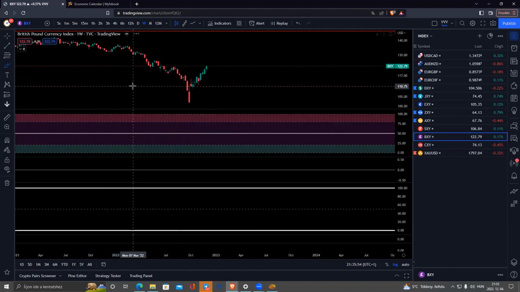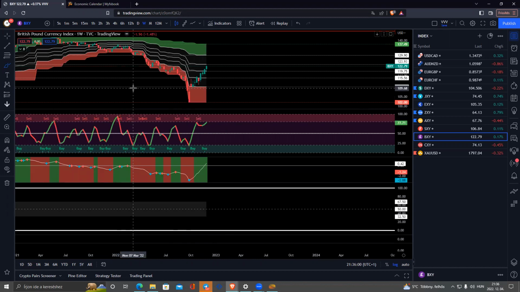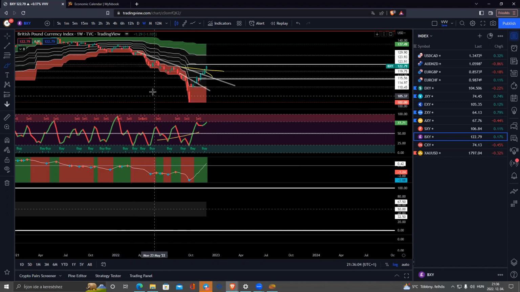let's see the BXY. Also going up in the past few weeks. Here was the target zone, the first target zone. We were talking about this break retest.